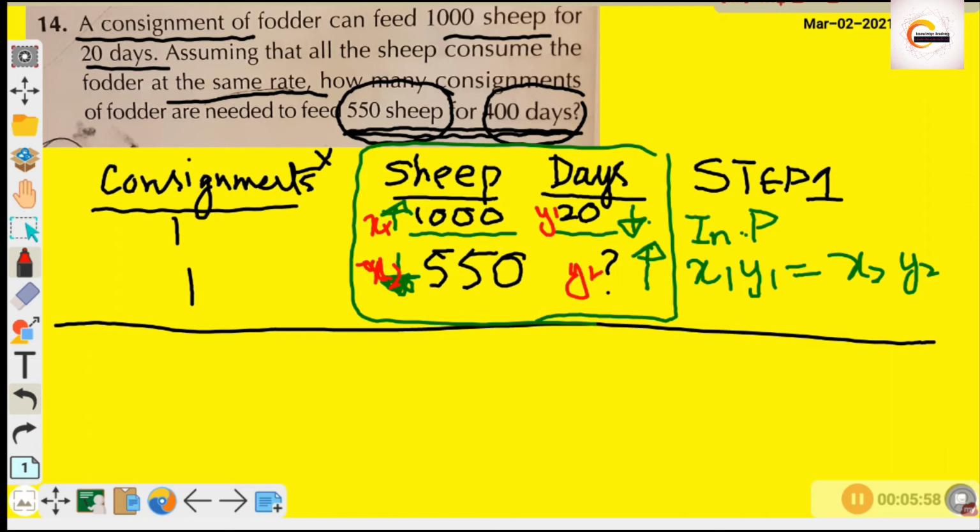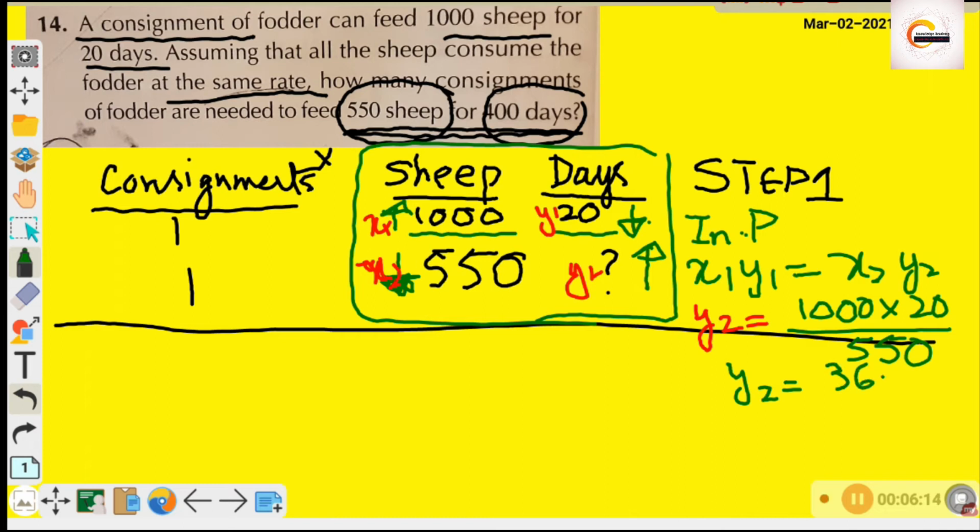I am going to put all these values in our formula, and we'll get the value of Y2. 1000 multiplied by 20 divided by 550. The value of Y2 is going to be 36.3. You can say that one consignment can feed 550 sheep for 36.3 days.